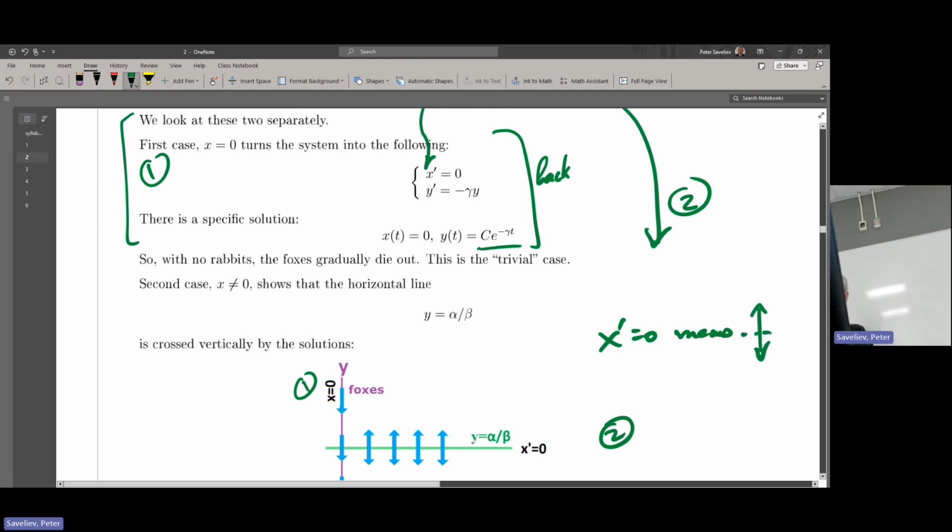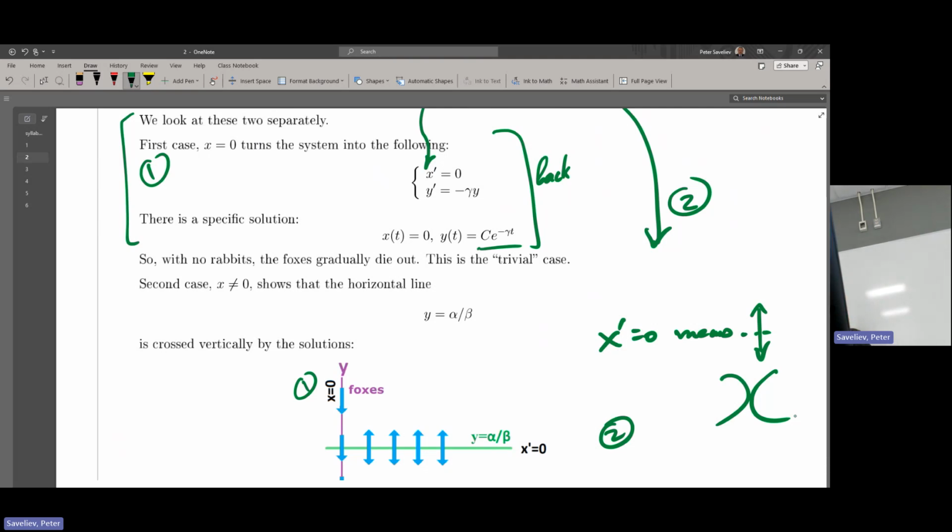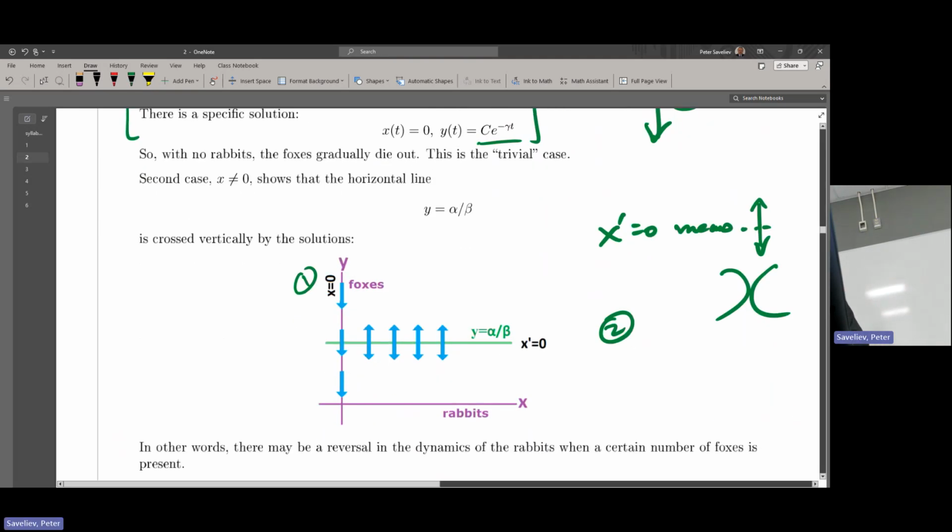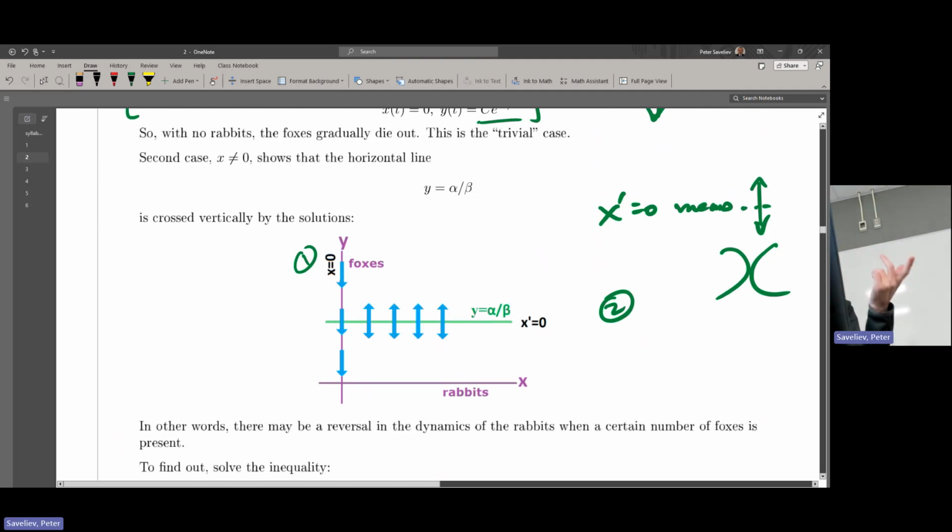So it crosses, it might do it this way or that way, but it cannot cross at an angle other than in the vertical direction. Okay, that's what this picture shows. So all the trajectories, all the parametric curves that support the solutions, have to cross this line in the vertical manner. Okay, so that's all we have found so far. But that's just the beginning. And that's where the reversal might be.